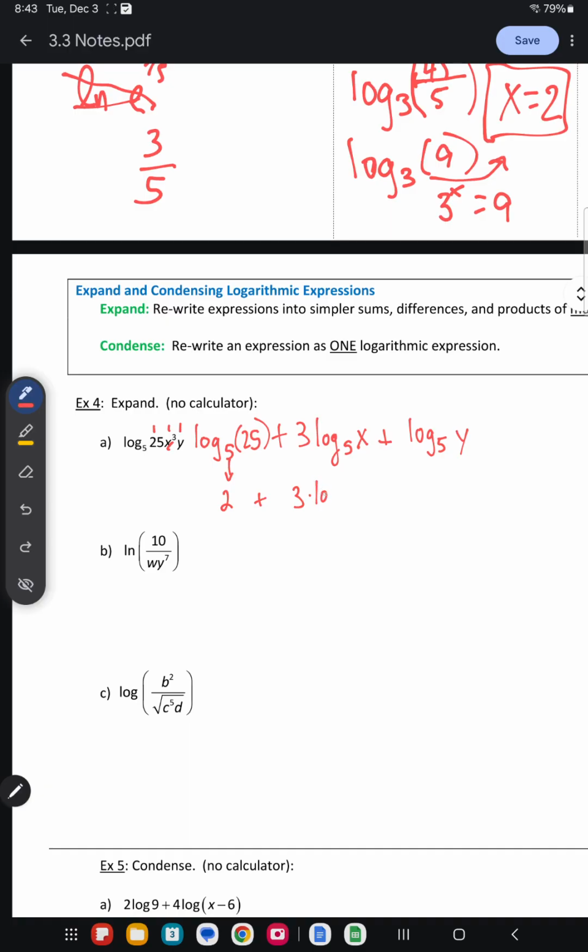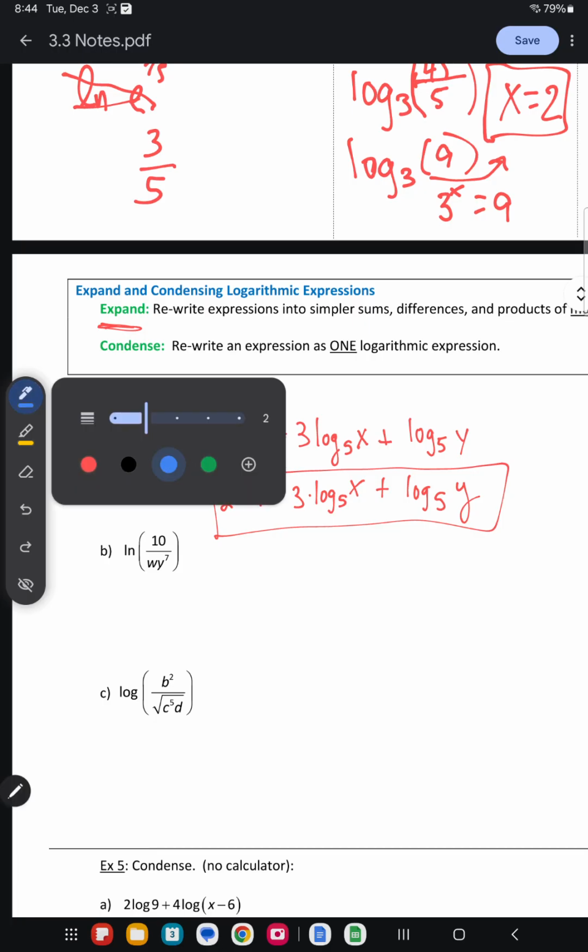So plus 3 times log base 5 of x plus log base 5 of y. And that, unfortunately, is your long answer because we expanded it, not condensed it. So sometimes we need it in one form because it helps us, and sometimes the other form helps us. So that's where we're at in that problem.